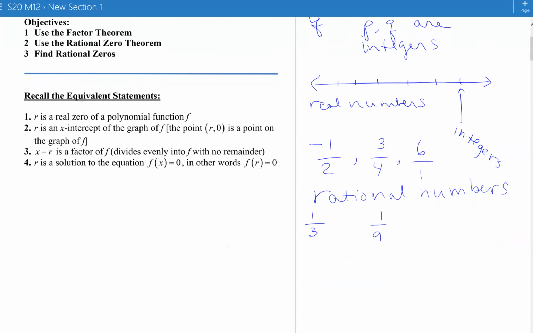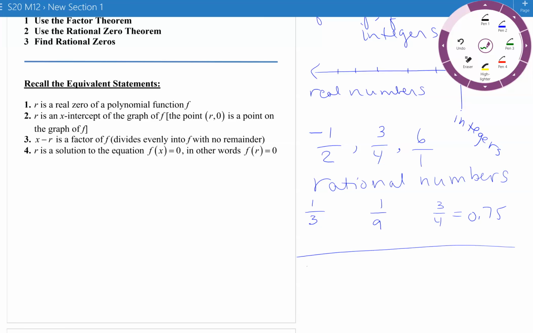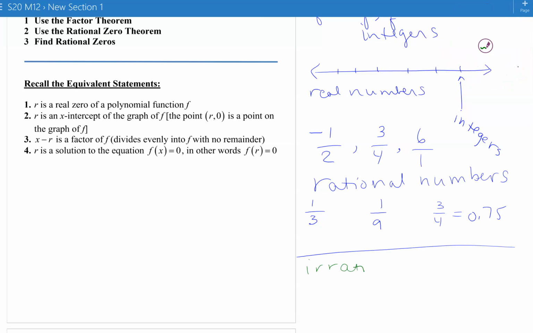Rational numbers either fill up the screen with digits that have a repeating pattern, or they end, like 3/4 just equals 0.75, has 2 decimal places, and then it ends. So every rational number either is a repeating decimal or a decimal that ends. And any number that's not a rational number is called an irrational number.